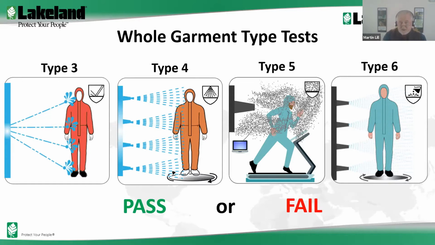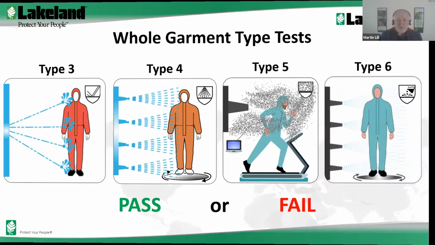So a pass in each of these tests actually allows some penetration inside the suit. Quite minimal, and it's controlled, but it does allow some penetration. So if you're assuming there's no penetration, that's wrong.